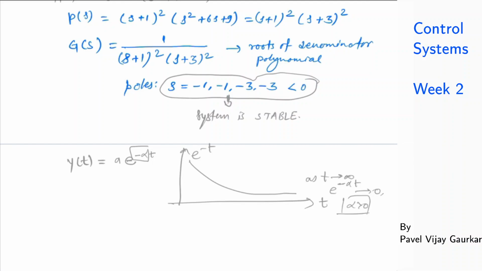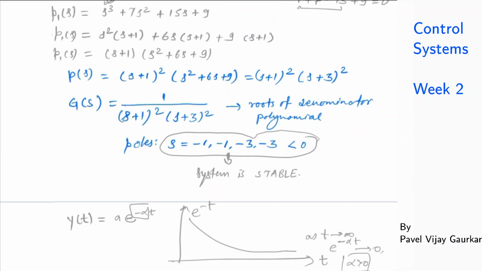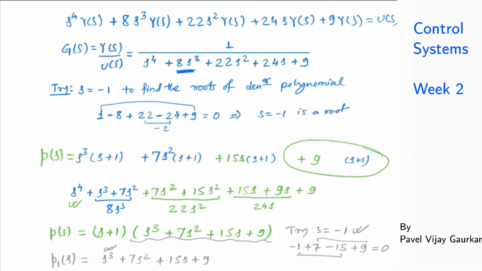So the poles here are all negative, so the exponent terms will all be negative. Each individual pole will drive the output to 0, and hence we will get 0 output. We will get a stable system.